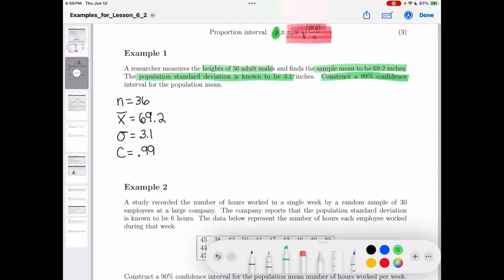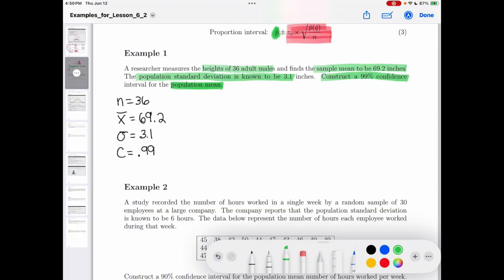Now we're asked to construct a 99% confidence interval for the population mean. So this is going to be an estimation for a mean, which means we're going to use either a z interval or a t interval.